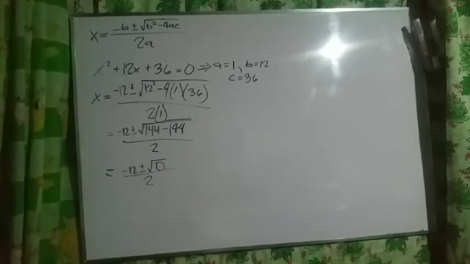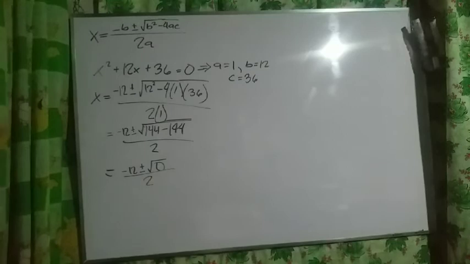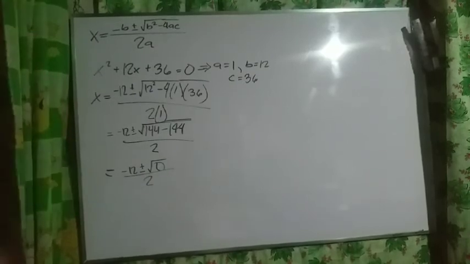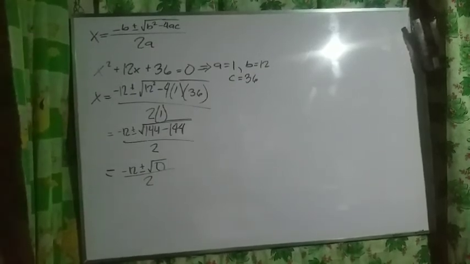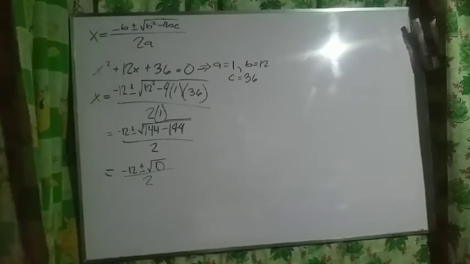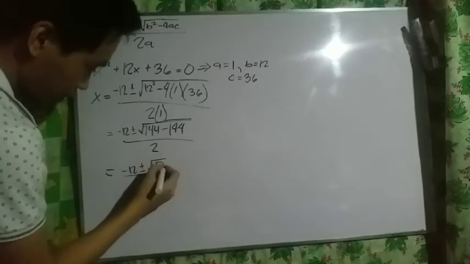So for now, we will add and subtract 0 to negative 12, because the square root of 0 is 0.